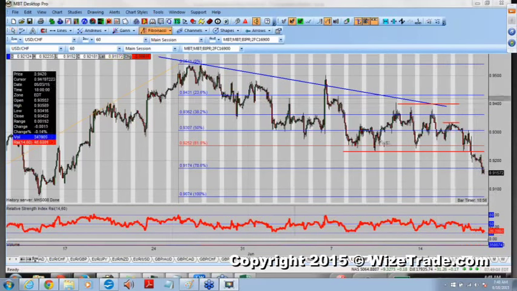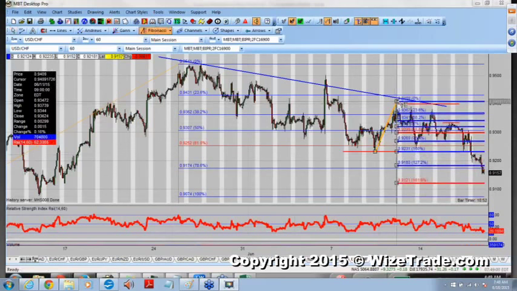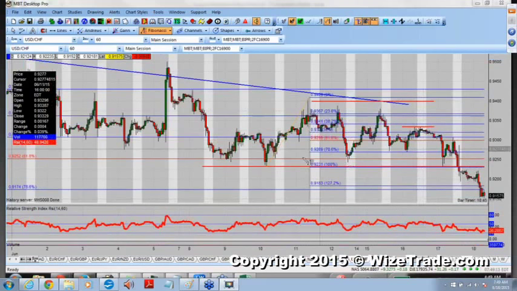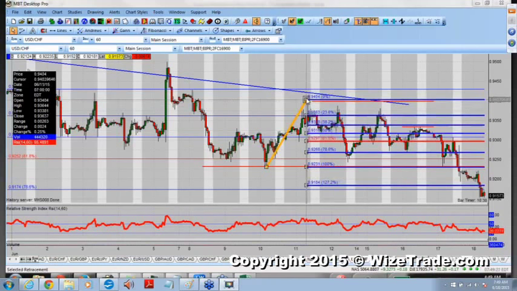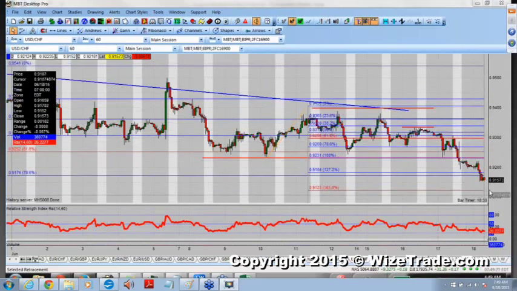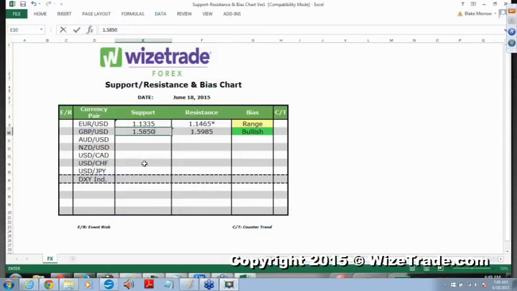Let's see here. That last range. So 91.25 will offer some minor support.